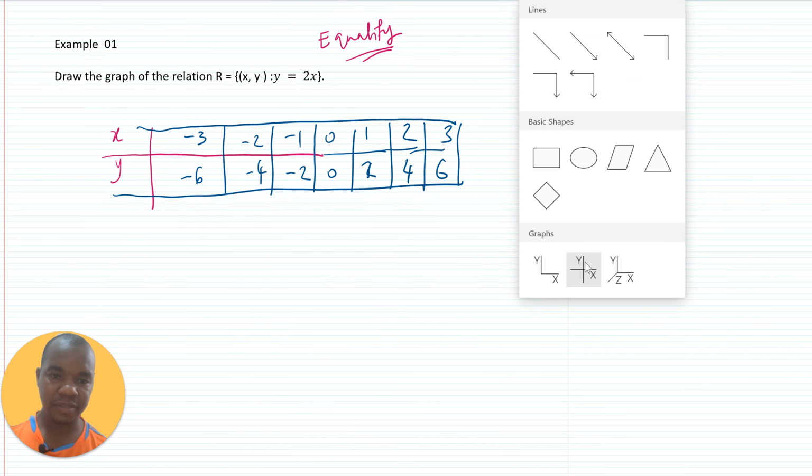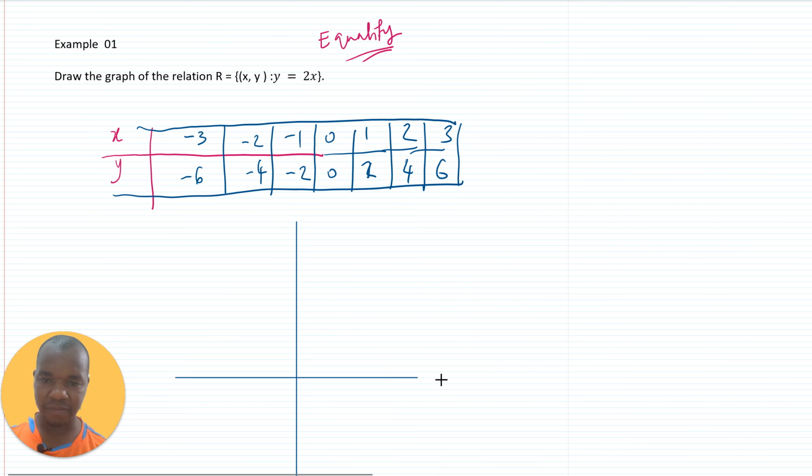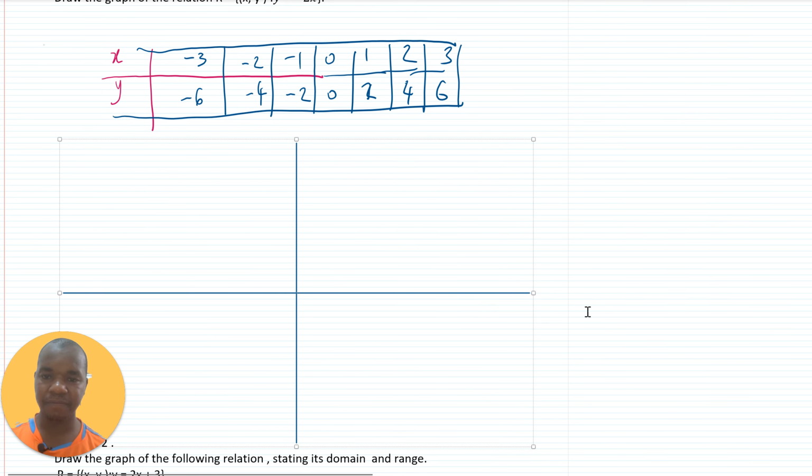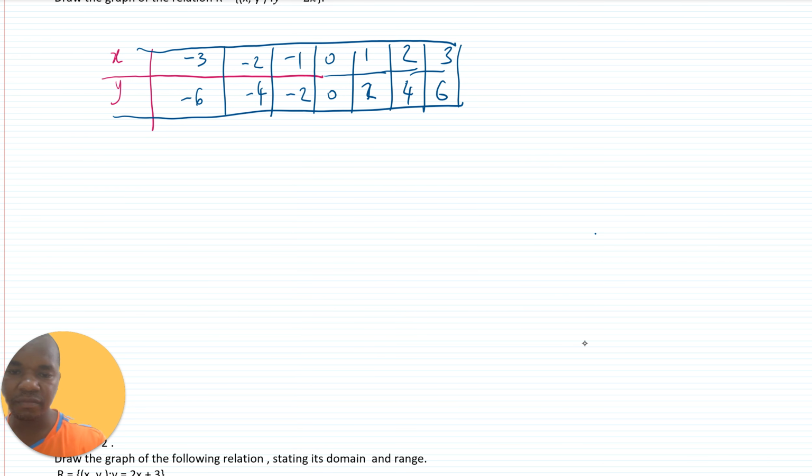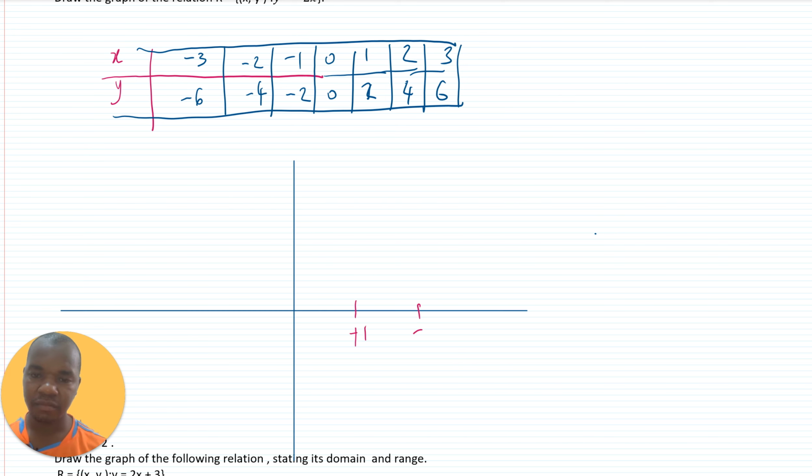So you can take an xy plane like that. Then you're going to plot values. In this aspect, you will be having values +1, +2, +3, and so forth.